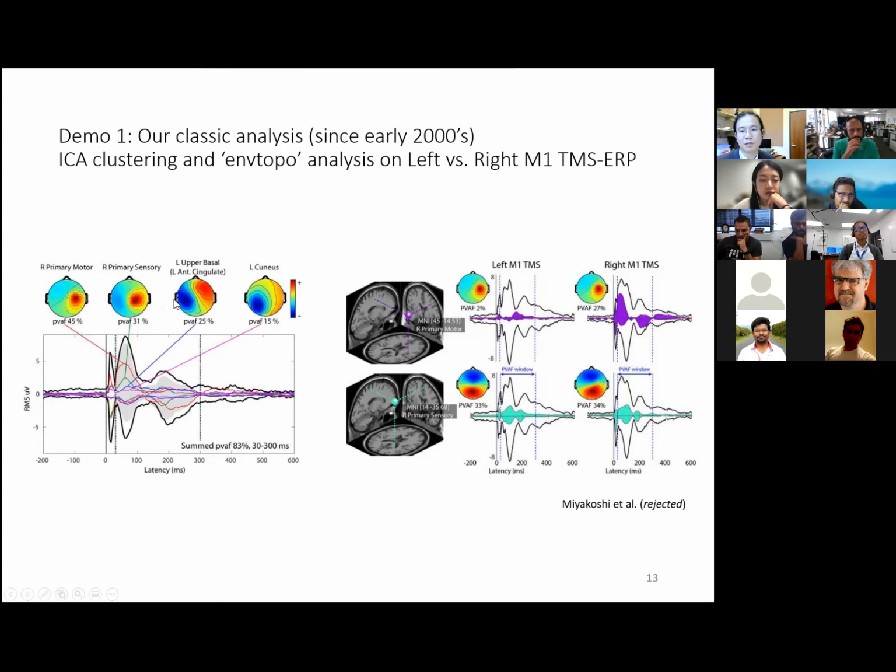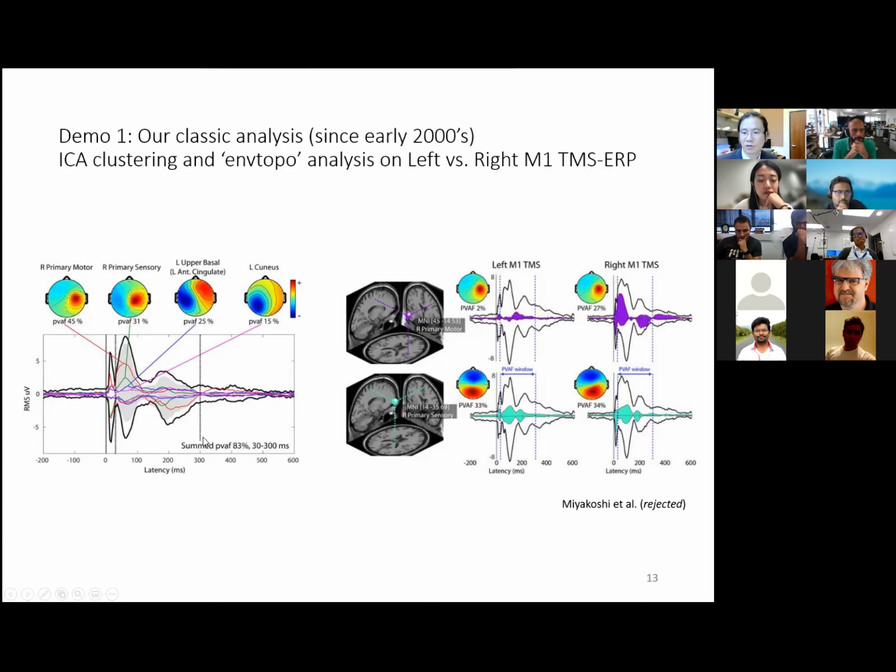And each independent component can have its own contribution, which can be decomposed into a single frame. So for example, in this envelope topography analysis, the leftmost independent component, which is from the right primary motor cortex, explains as much as 45% of the percent variance accounted for. Which is basically the power ratio, okay?